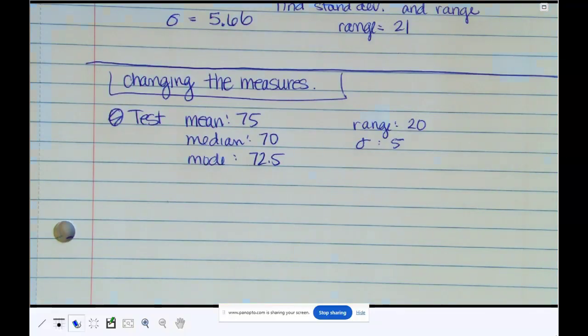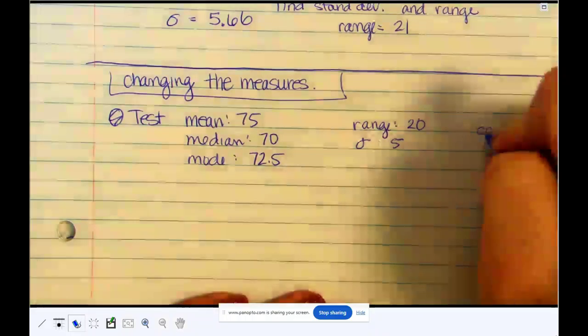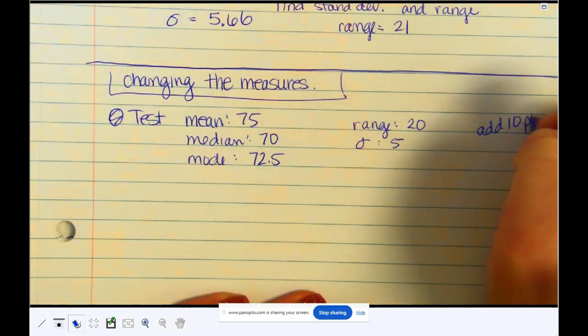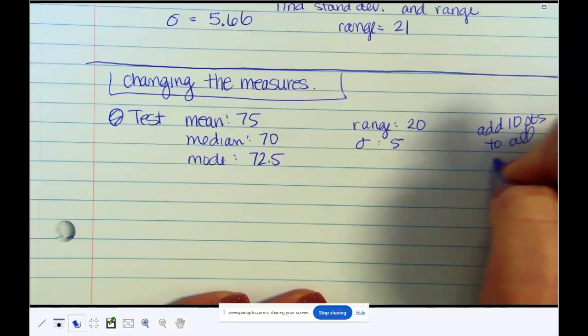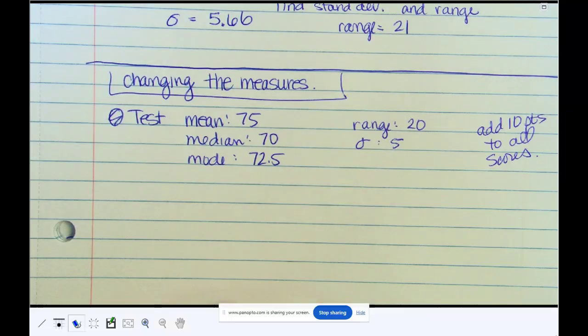And let's say that I looked at that test and there were a couple of crappy questions that I could have explained better. Instead of making you retake it, I said, let me just add 10 points to everybody's score. Now here's my question.